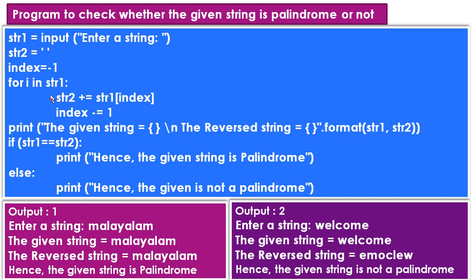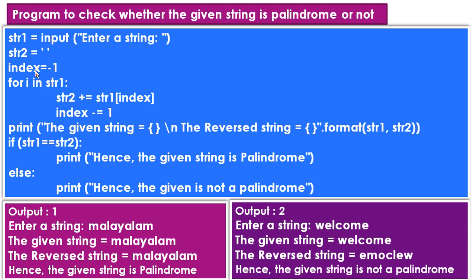Here, once again, I illustrate the function of this program. The starting value of the index is -1, a negative subscript. Positive subscripts are 0, 1, 2, 3, 4, 5, 6. Negative subscripts start from the last character. Here E is -1, M is -2, O is -3, and so on up to -7. So this loop executes from -1 to -7.